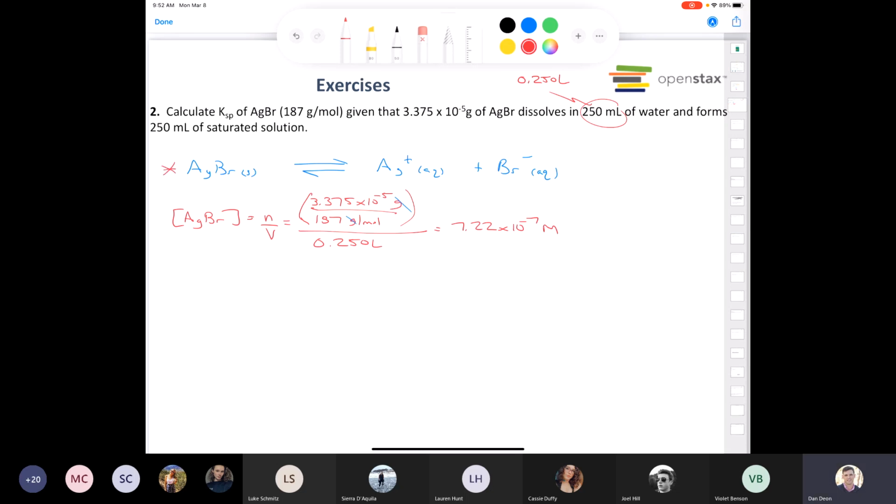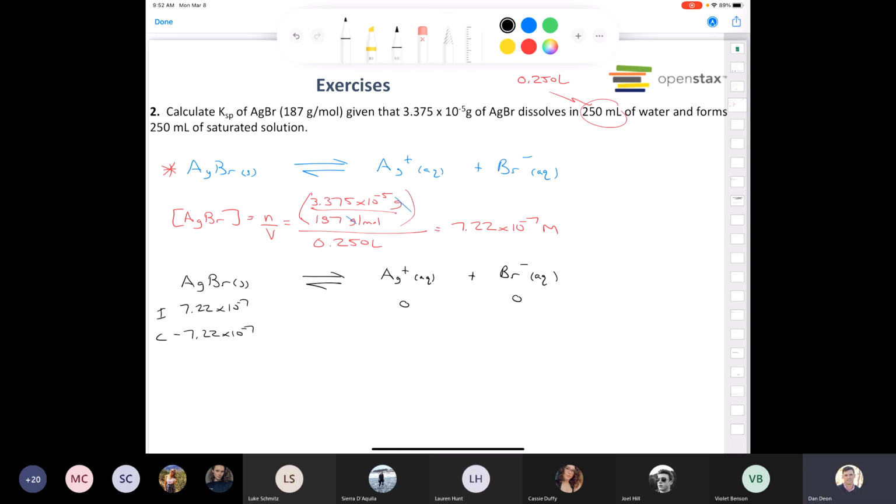All right. Now going back to our equilibrium expression, I'm going to rewrite it maybe a little neater this time. So I have my silver bromide. And again, if you can, just skip ahead and say, hey, I know the stoichiometric coefficients are all 1 to 1 to 1, so I can work this out really quickly. There's no problem. If you need to make an ICE table, like I'm doing, so 7.22 times 10 to the negative 7, you have none of this. Again, we assume it's a state function. We're going to lose all of this.